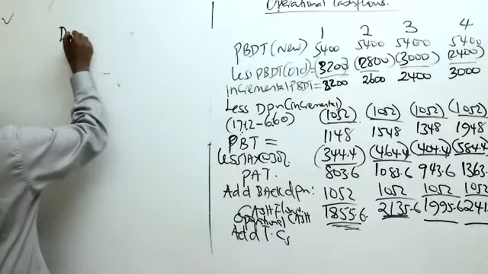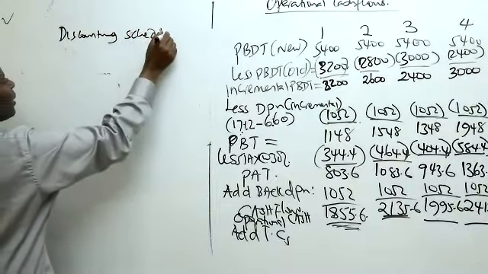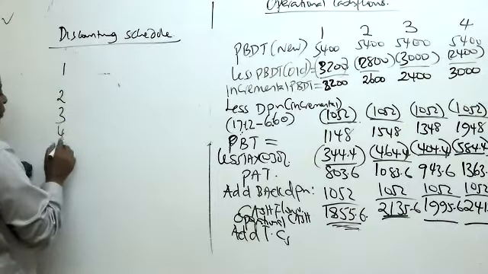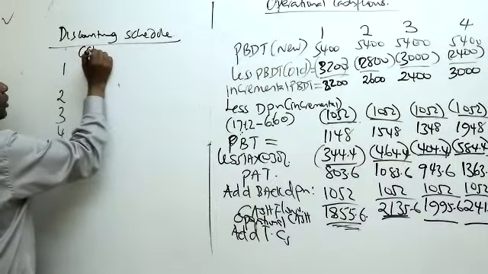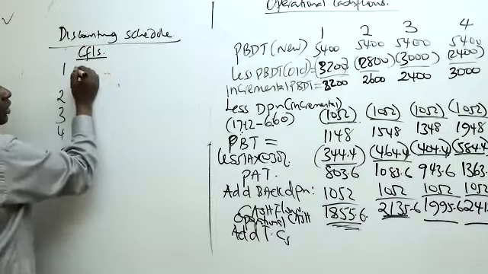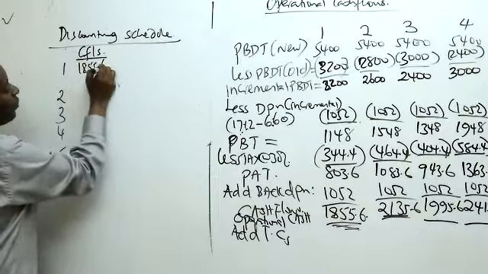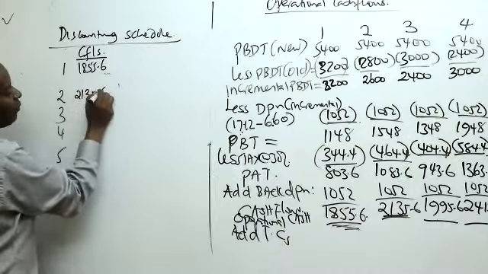So discounting schedule, quite easy. Now we have year 1, year 2, year 3, year 4, year 5. Ladies and gentlemen, we have our cash flows, which we'll need to discount. Cash flow for year 1 is 1855.6. Year 2 is 2135.6.